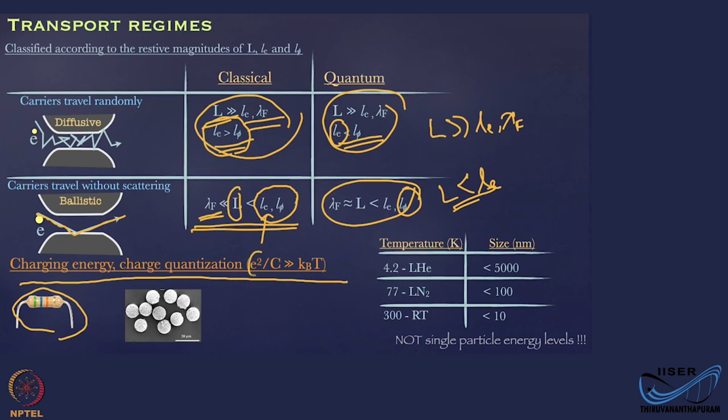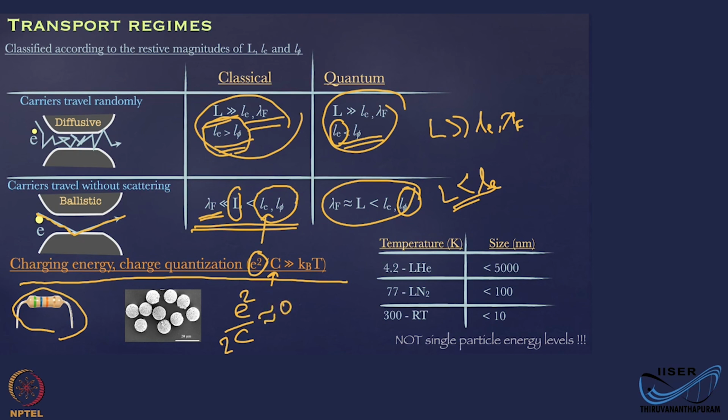Whereas this e square term is really small, that is 10 to the power minus 19, and when you take the square of that, that will be 10 to the power minus 38. Then the nanofarad capacitance is in the denominator, you're talking about e square by C, right? There's a factor of two also, which you can consider, but it's not going to make much of a change here. This is really small, almost close to zero.